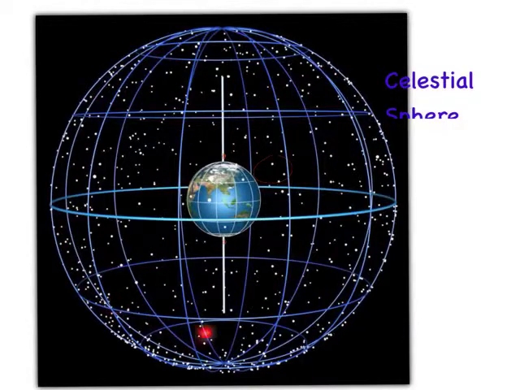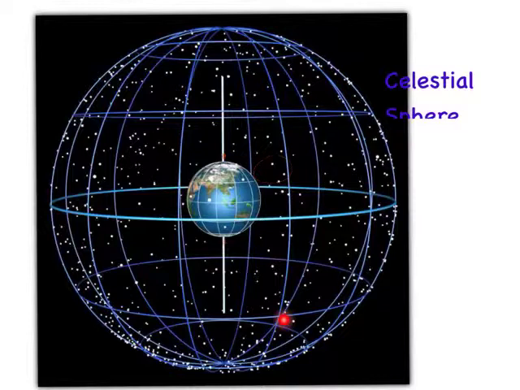So can you kind of see this hollow sphere? And in the middle of the hollow sphere is the Earth. And imprinted directly on the inside of this hollow sphere are all of the stars we see at night, all the stars in the nighttime sky.